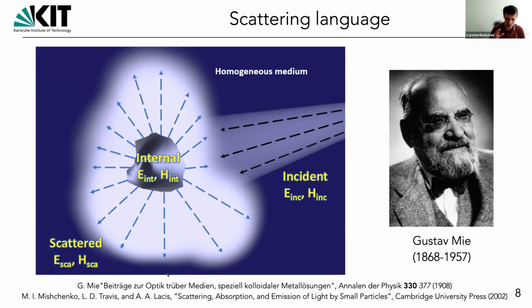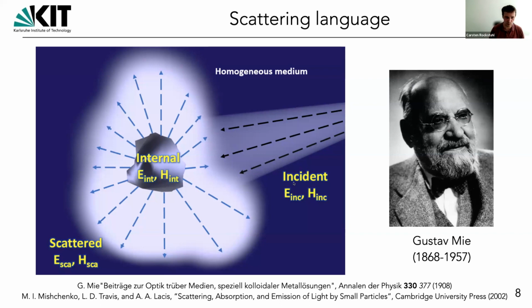The key assumption, and this is the key mathematical setting that we have to keep in mind, is that you consider a localized object in space, and you consider an external illumination that is given. That is the incident field.